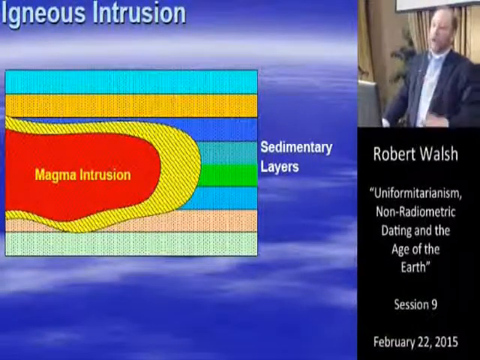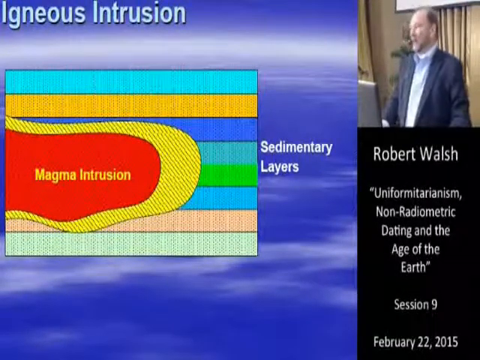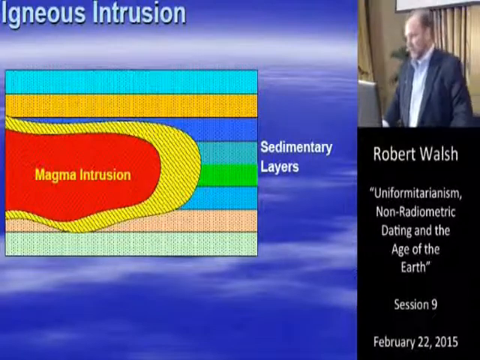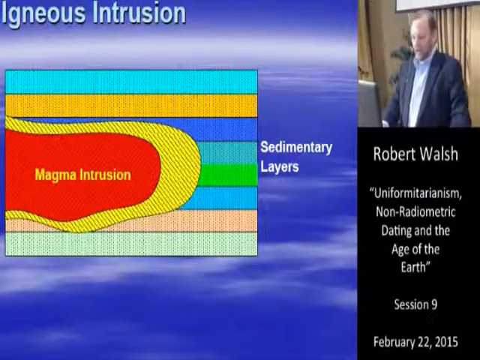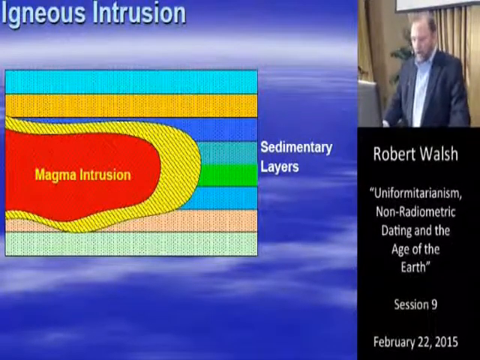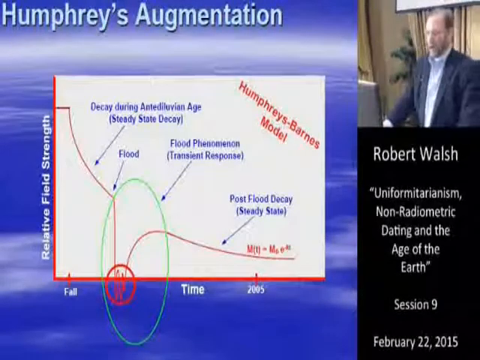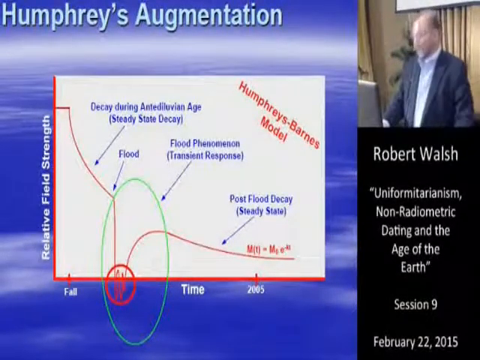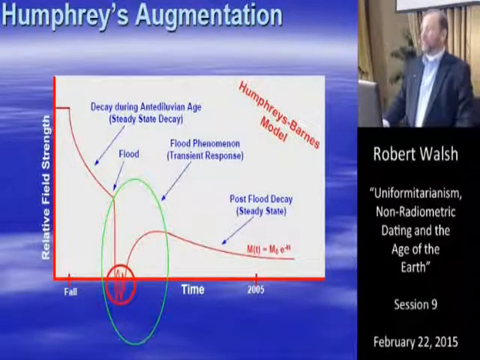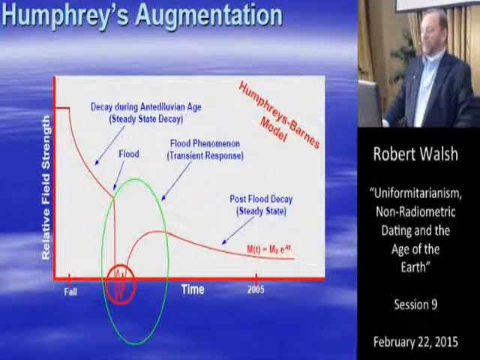So how do you and I as creationists bring this idea into our model? And how do we explain such a thing? Well, according to Humphreys' model, he would argue that during the flood, these reversals would have occurred due to catastrophic and transient events.